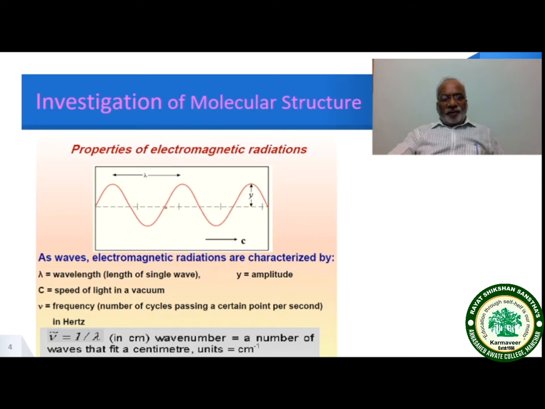So the number of complete waves passing through a given point per second is the frequency of that electromagnetic radiation, and it is measured in cycles per second. That is called hertz.